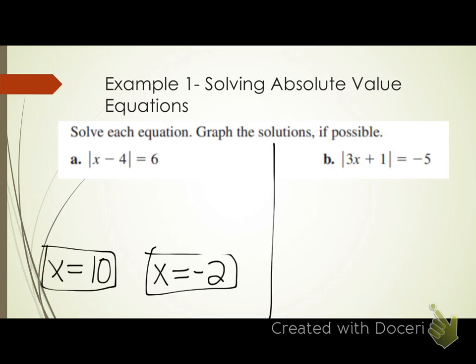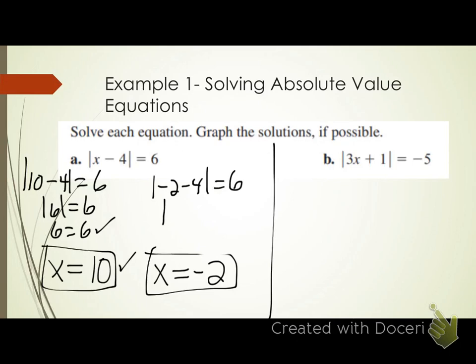Okay, so if I plug in 10 to my original problem, 10 minus 4 gives me what? 6. Absolute value of 6 gives me 6. Does 6 equal 6? Yeah, it's a true statement. 10 checks out. I know 10 is the solution. Plugging negative 2 in.